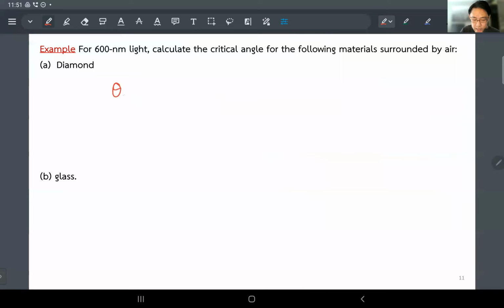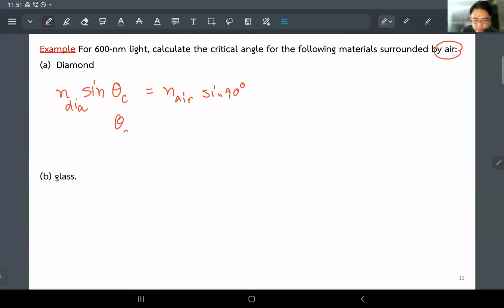This formula is so simple, but if you don't want to memorize it, you can start from Snell's law all the time. So you say n of the diamond times sine theta C equals n air times sine 90 degrees.